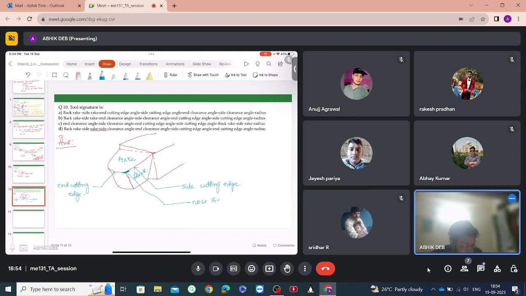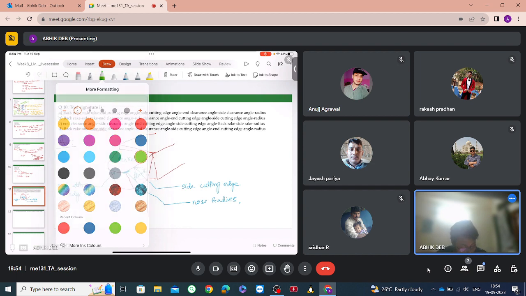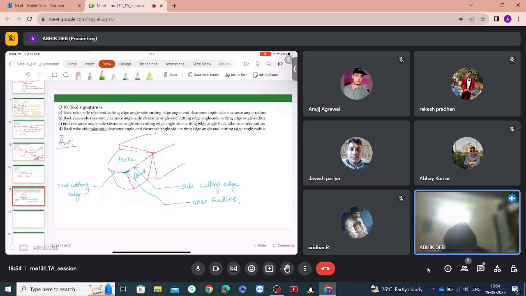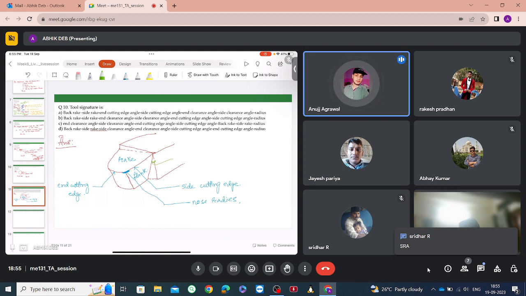Now the basic things are clear. Now we will go into the angles. So what is this angle? Side relief angle. Yes, so side relief angle.